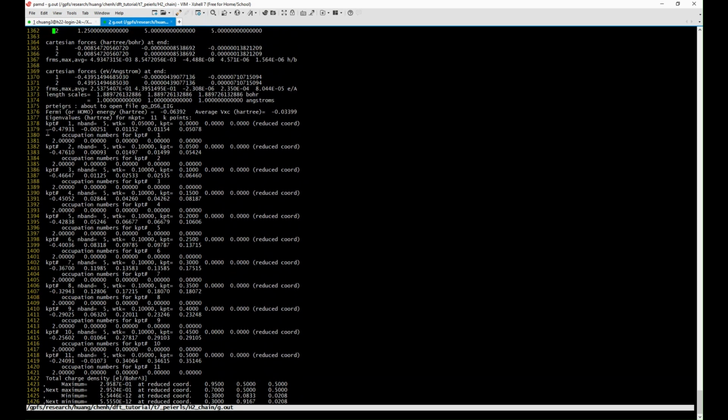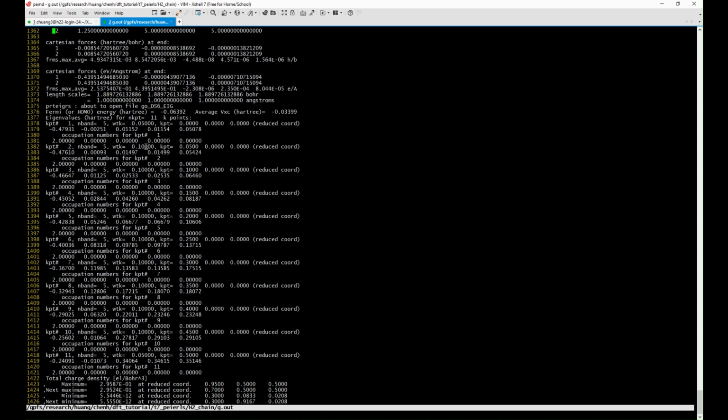And here you can see that this is k point number 1. We have 5 bands, and the weight for the k point is 0.05, and the fractional coordinates for the k point are here. So the eigenvalues from lowest to highest bands are here, here, here, here, here for this k point. And this is the starting point of the second k point.